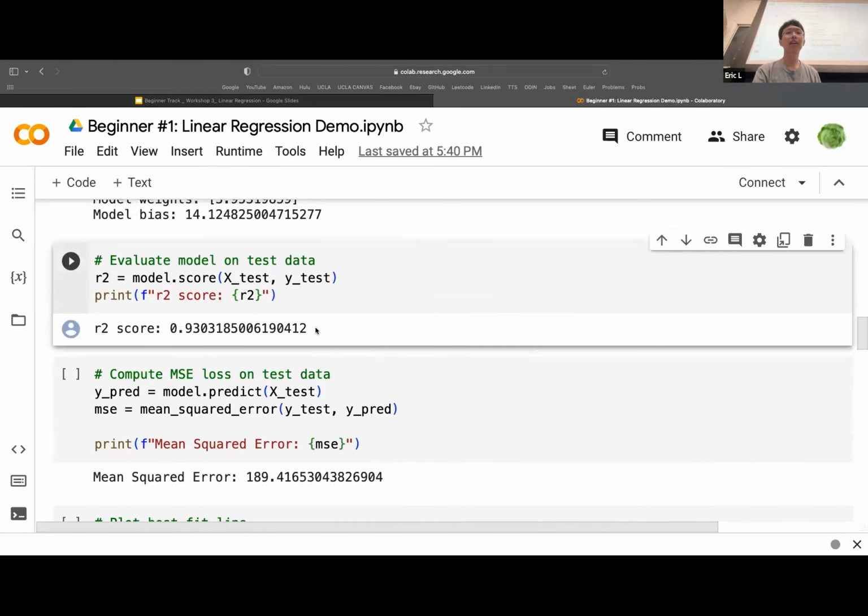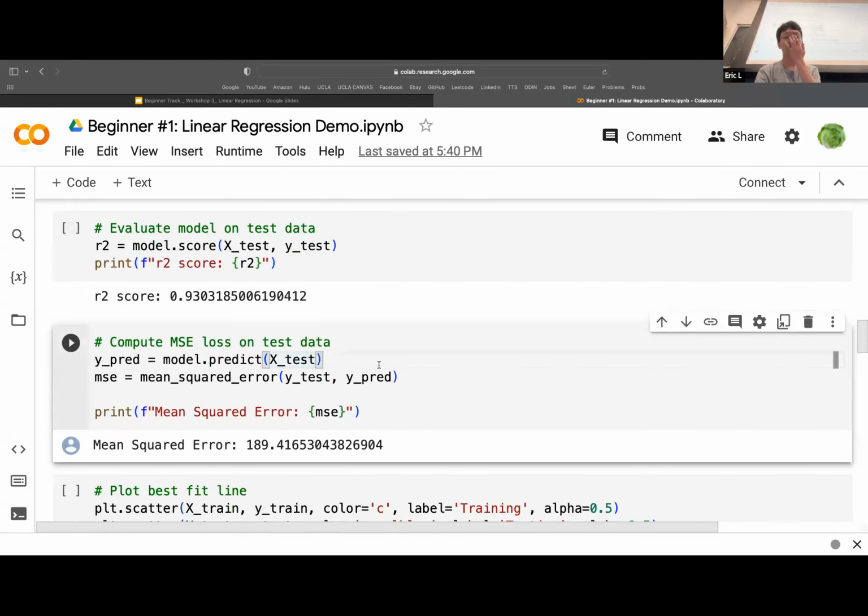Anyways, given that, we can calculate our mean squared error now, and we do that through these 2 functions right here. This predict method is essentially inputting our X test data into our model and storing whatever output it gives in our Y prediction variable.